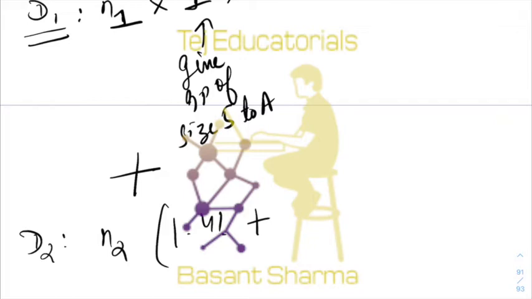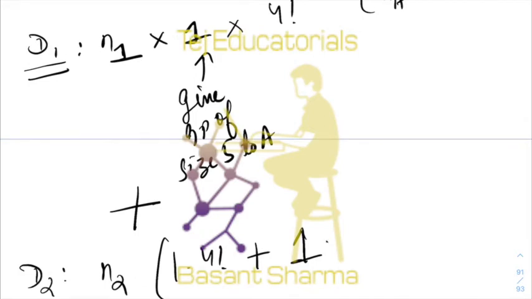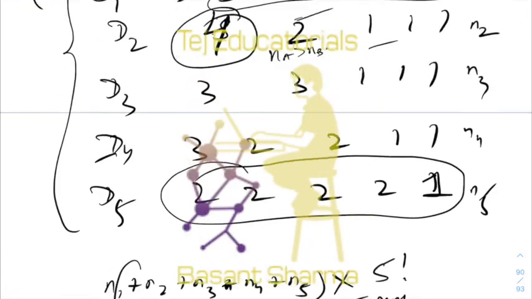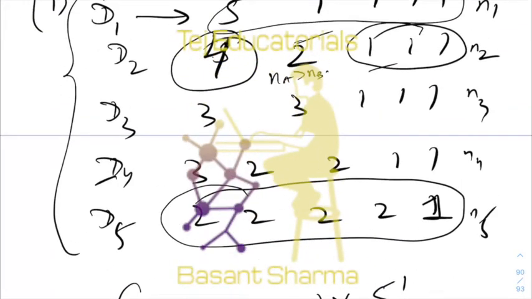There is only one group of size 2, so there is only one way to distribute it: give that group of size 2 to A. Now once you have given the group of size 2 to A, B can get only these groups which are of size 1 each. We have to ensure that it does not get the group of size 4.